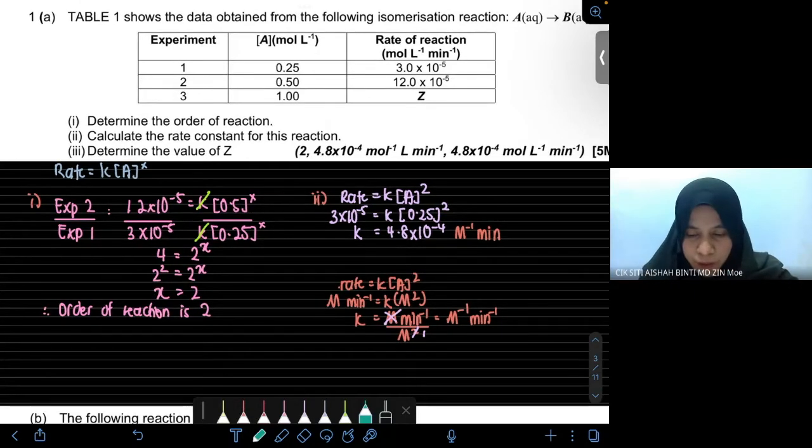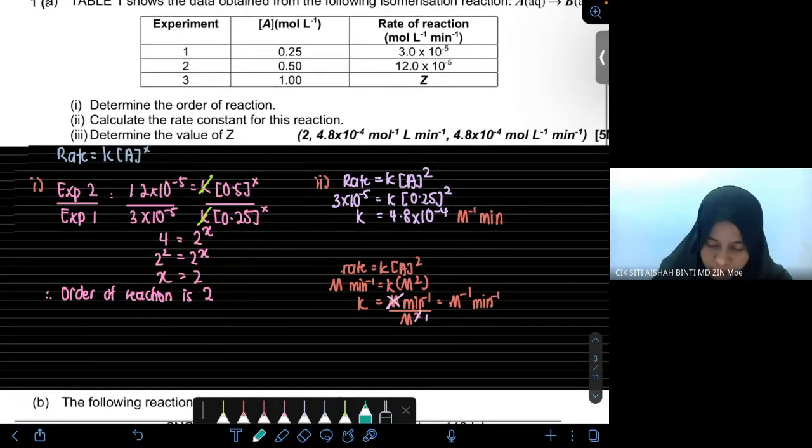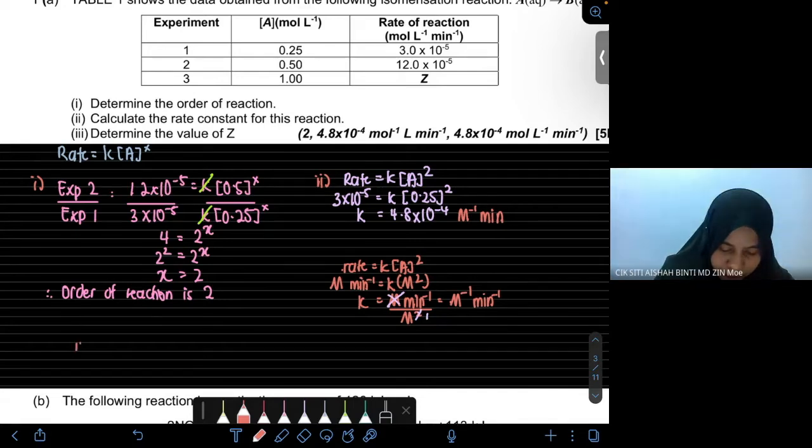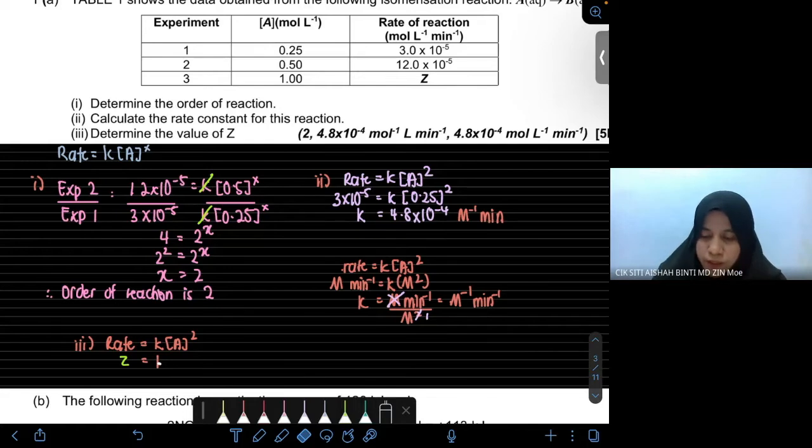So this is question 2. Okay, determine the value of X. So we just substitute directly into our rate law. So question number 3. We know that rate is equal to K[A] squared, where in this case our rate is the unknown, that is our Z. K is the one we found from the previous question, 4.8 exponent negative 4.